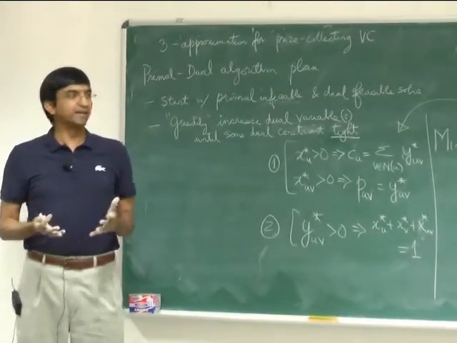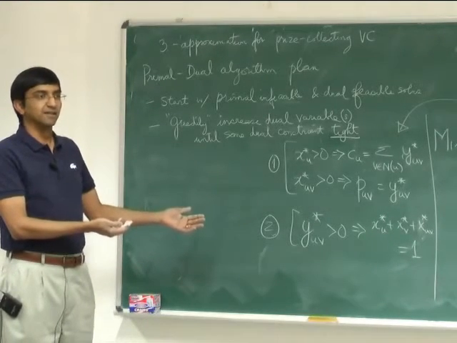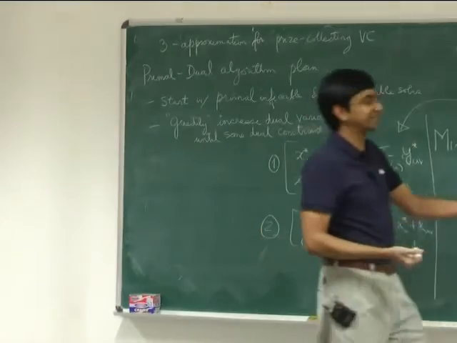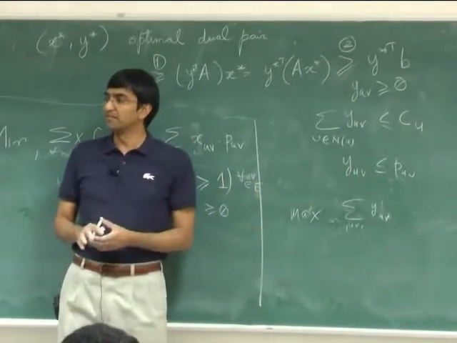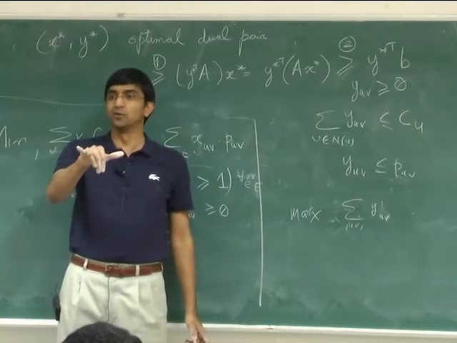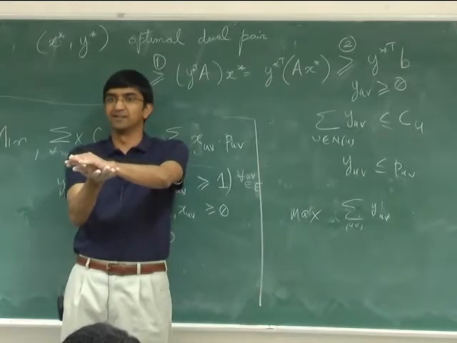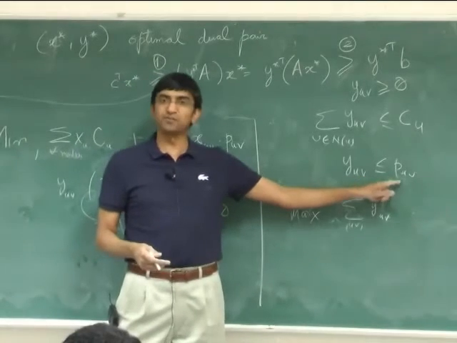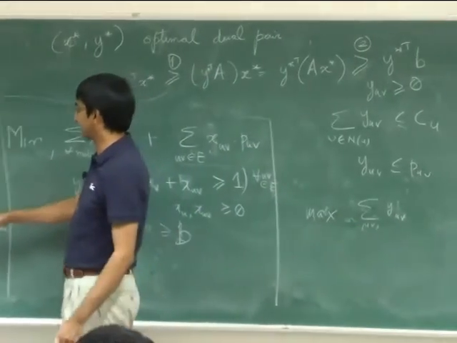Tight means becomes equal. Okay? Now what happens? Okay, let's look at complementary slackness conditions. If the dual constraint is tight, let's think of a simple example. We have an edge whose loot value is very low. So we start increasing its y value, it hits the loot. So if yuv equals puv for that edge, what does the complementary slackness condition say?